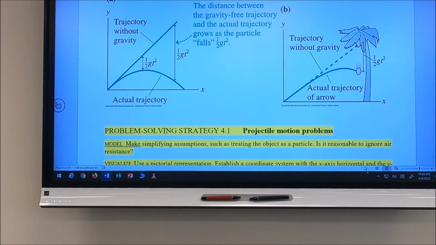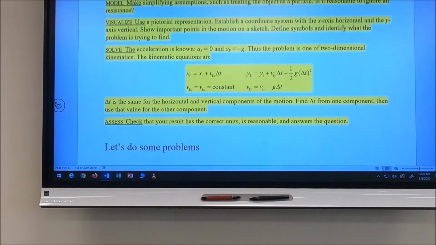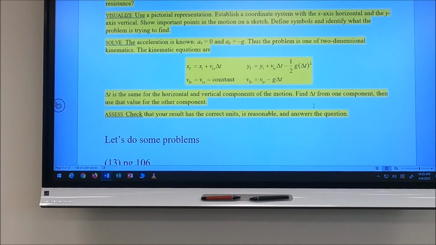So let's talk about problem solving. Projectile motion, problem solving. You want to make a simple model, treating your objects as if they're point masses, and ignore air resistance for right now. You're going to want to do some kind of pictorial representation. You want to establish a coordinate system, an x-axis and a y-axis.